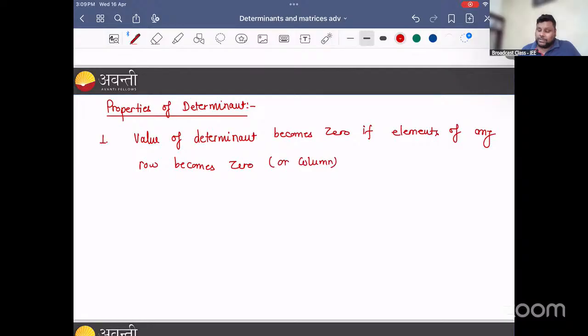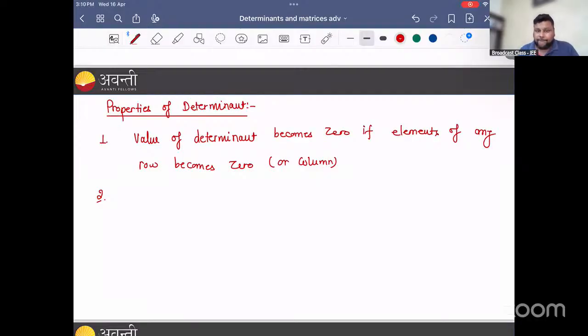So if all the elements of any particular row or any particular column become 0, the value of the determinant goes 0. Correct? If all the elements of any row or column become 0, the value of the determinant gets 0.